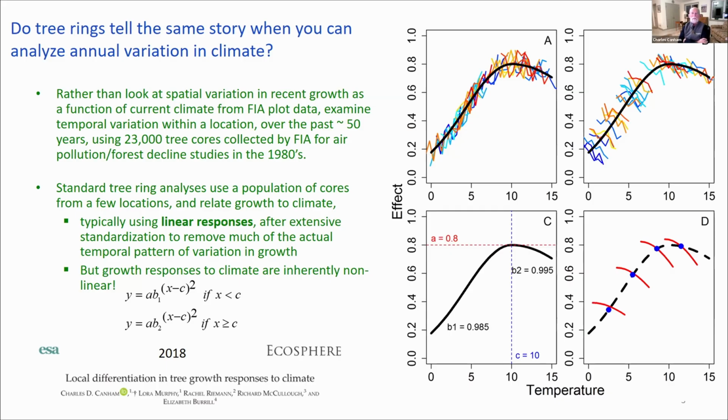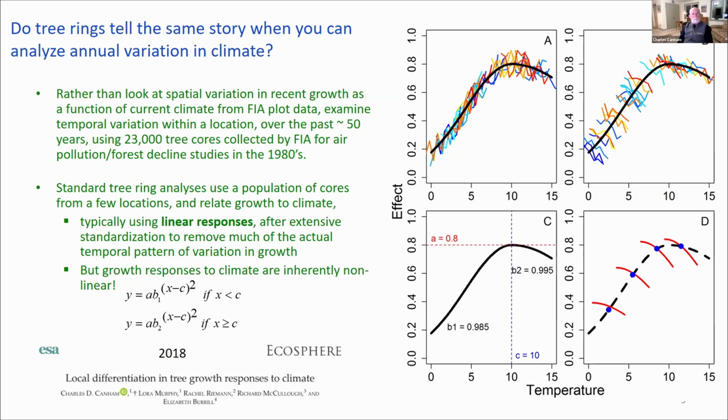You'd essentially assume that the individual core data just varied randomly around that line. But B is an alternative in which individual cores would show patterns that were very different from what the broader geographic trend was when temperature was at the long-term mean.